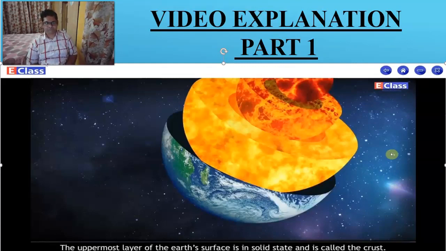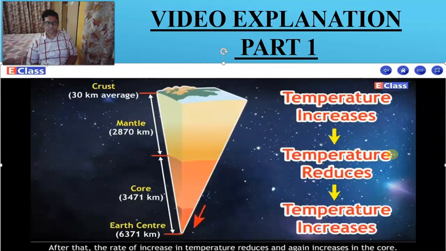As we move deeper, the temperature increases, the rate of increase reduces, and again increases in the core. At the center of the Earth, the temperature is around 5500 degrees Celsius to 6000 degrees Celsius.